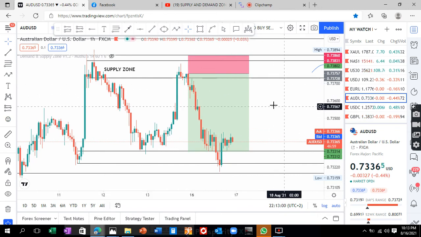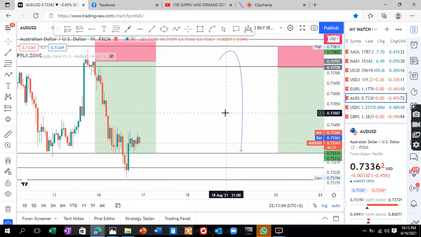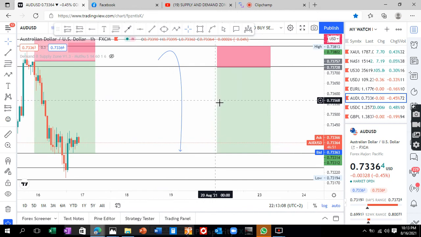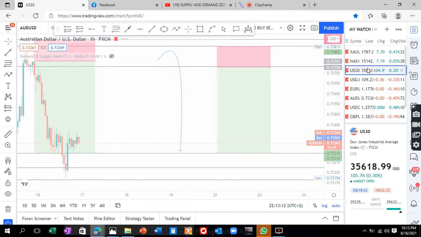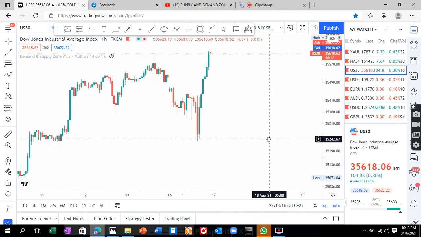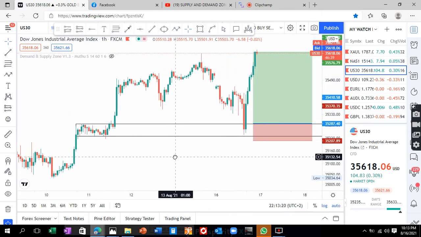All right. So let's look for another example of a rally, base, drop. Let's see if you can find something. Let's look at USDT. Did I take any trades here? Okay. Did I?